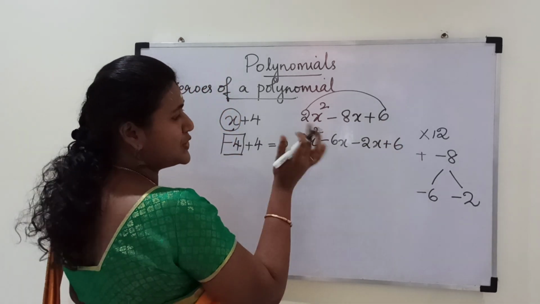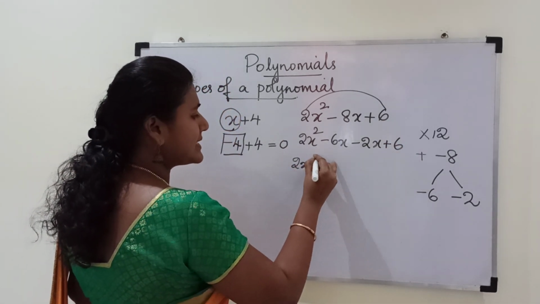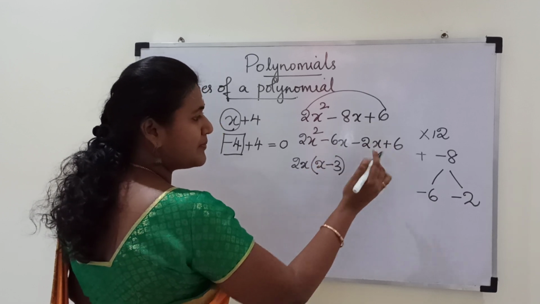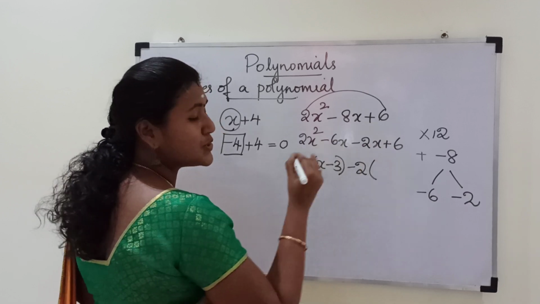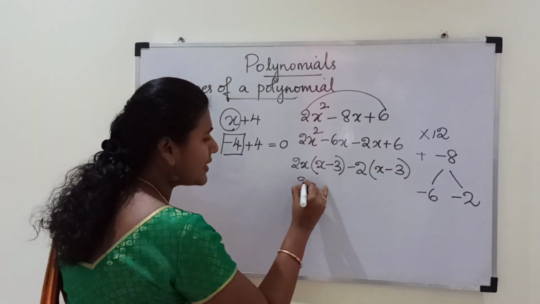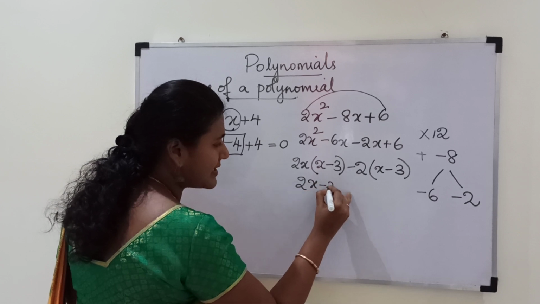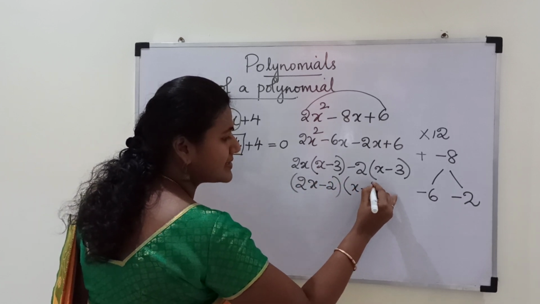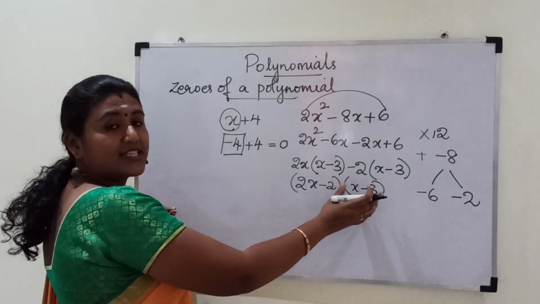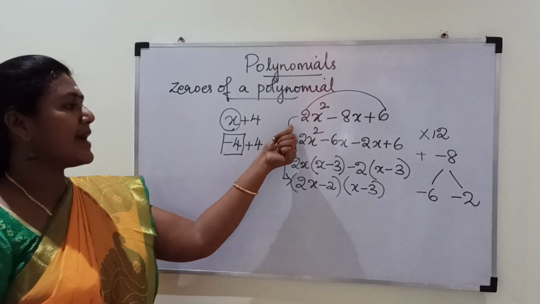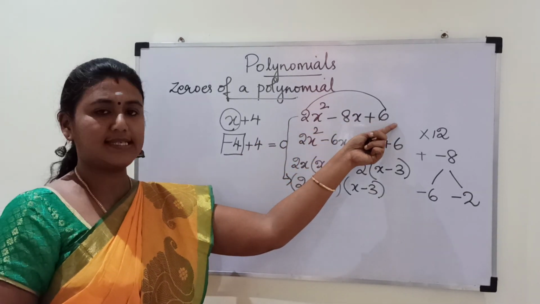From the first two terms, we can take 2x outside. So 2x into x minus 3. And from these two terms, we can take minus 2 outside. So you are getting x minus 3. Now from this expression, we can rewrite this as 2x minus 2 into x minus 3. So these are the factors of this quadratic polynomial 2x square minus 8x plus 6.